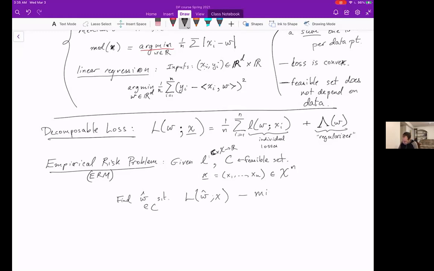So the criterion we're going to use is that we're going to compare the loss of the thing we found to the minimum possible loss we could have gotten on the data set.